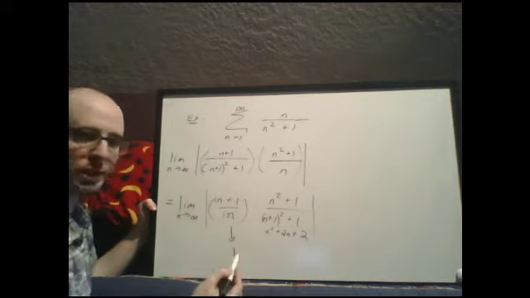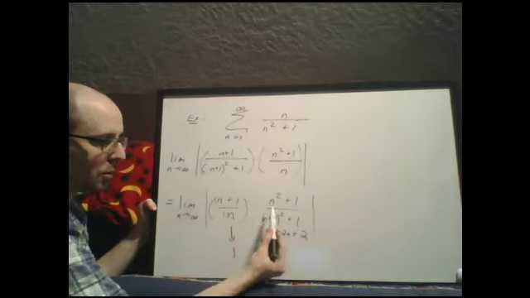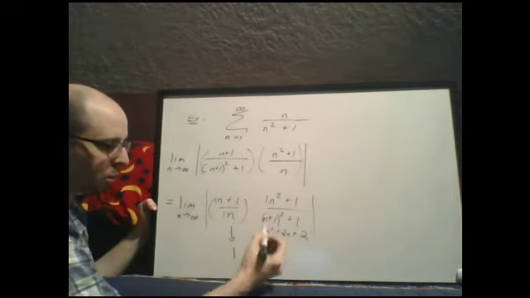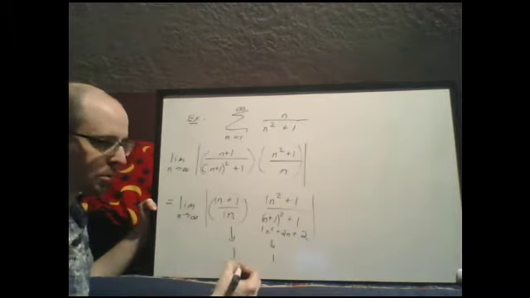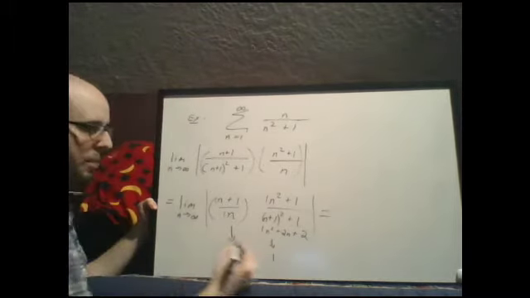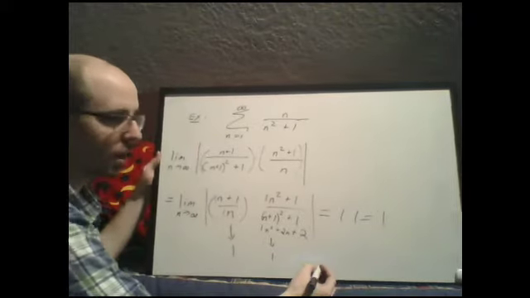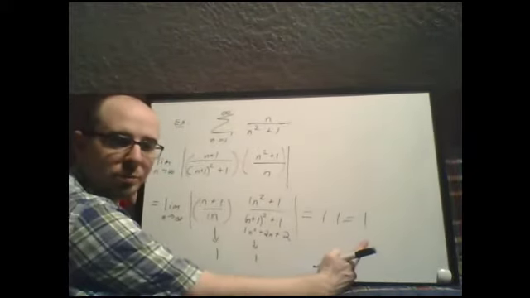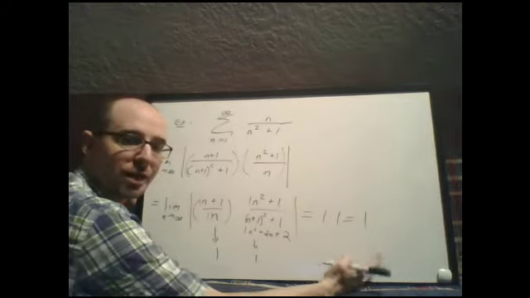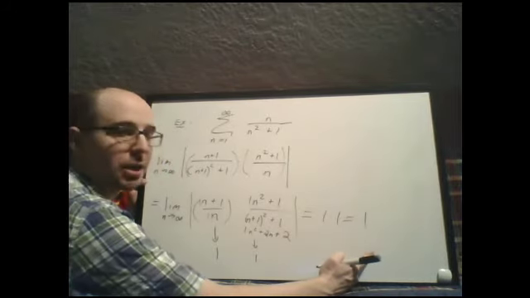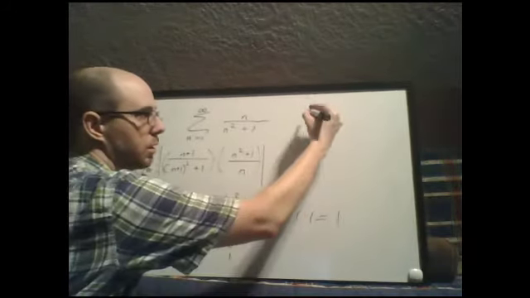So n squared over n squared, that's the same degree. So this is going to approach 1 over 1. So that approaches 1. So this limit is 1 times 1, which is 1. And as we talked about when we introduced the ratio test, if we get exactly 1 as our answer, that's inconclusive.